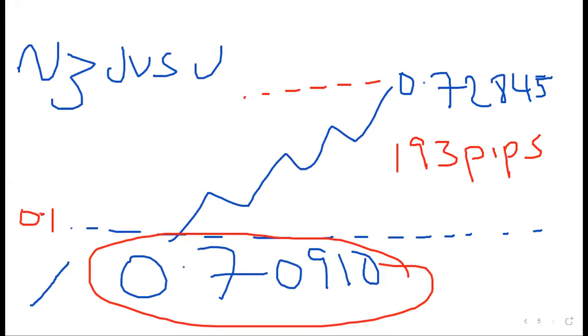You've made 193 pips. How much is that if you use 0.1 lots? Okay, it's good. I like the fact everyone is silent. That's because I've not actually addressed it.